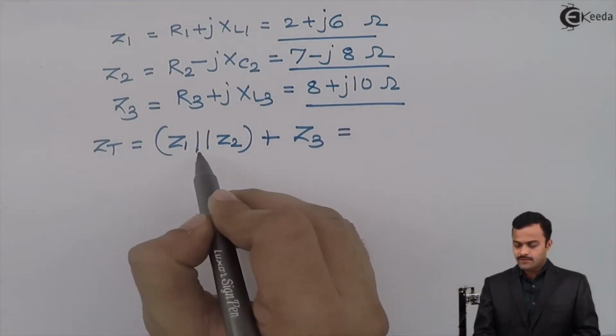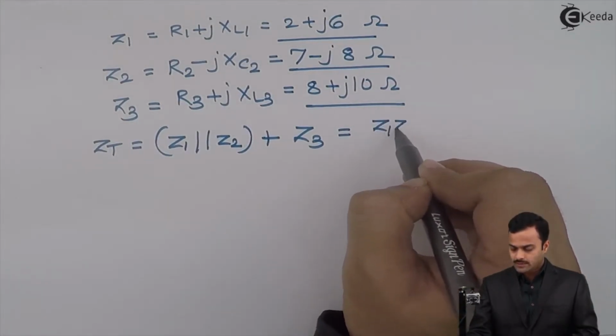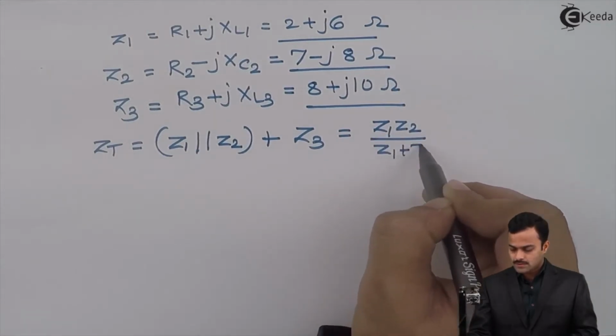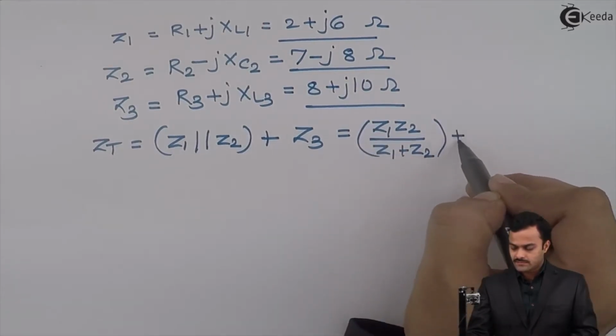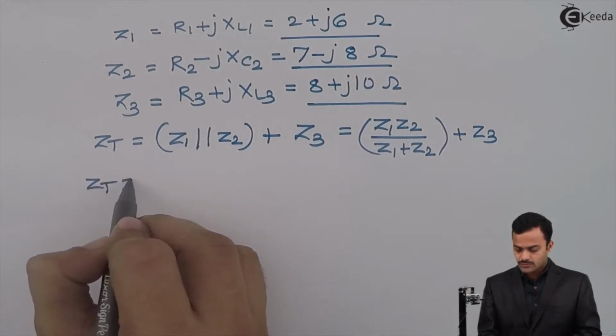Z1 parallel Z2 will be given by Z1 multiplied by Z2 divided by Z1 plus Z2, whole combination in series with Z3. So let's substitute the values of Z1, Z2, Z3.